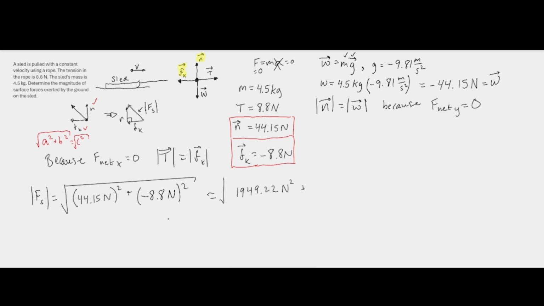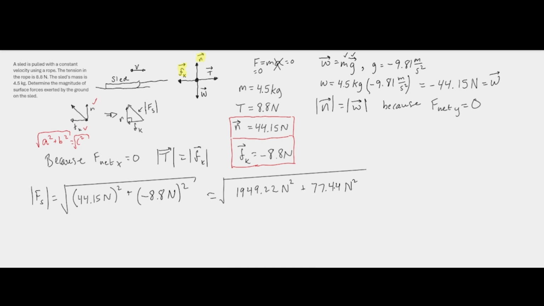Now I have to square the negative 8.8. Squared, it's going to be positive. So 8.8 squared is 77.44, and again, it is newtons squared. So these are both the same type of number. We have a factor times a newton squared and a factor times a newton squared, so I can add these.